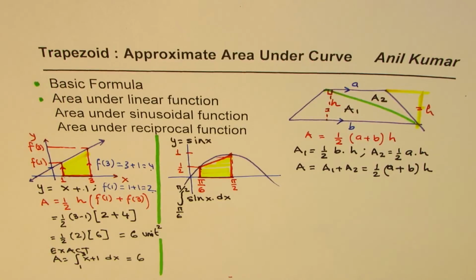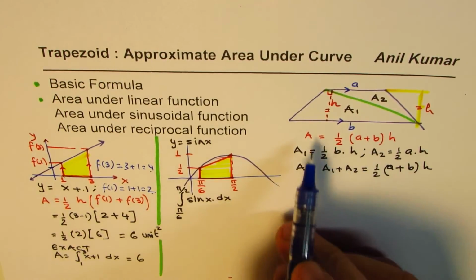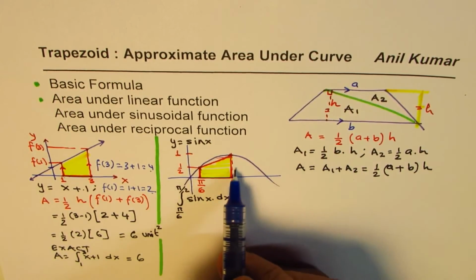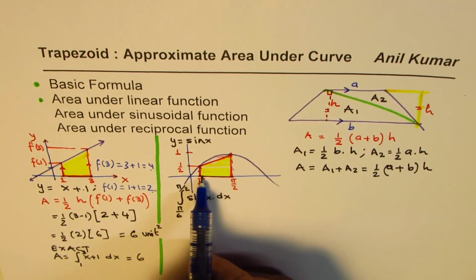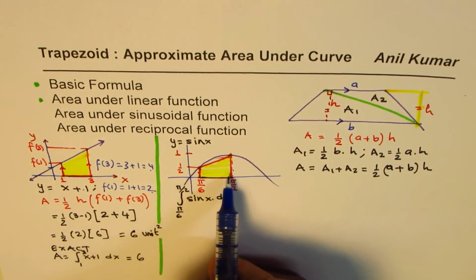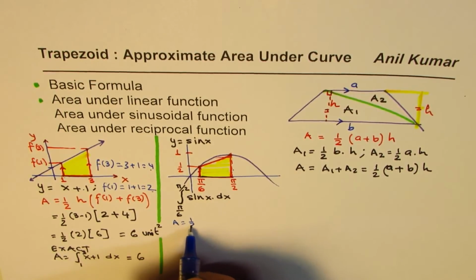Okay. So one big trapezoid is here to find the area of this curve. Now how do we find it? Well, again, apply the same formula: area equals half sum of parallel sides times the height. Height will be the distance between these 2 parallel sides. So we say area equals half.